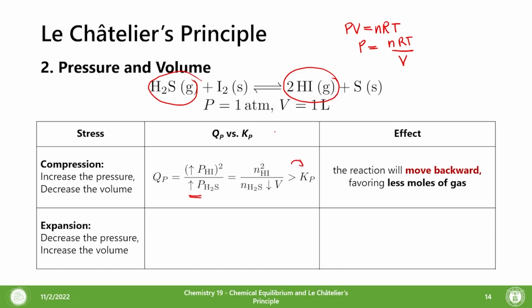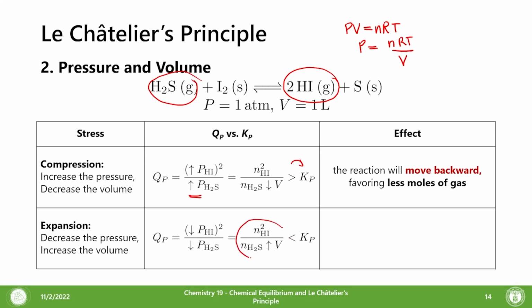Okay? How about for expansion? If we decrease the pressure and increase the volume, then, okay, what will happen is the Qp will get much smaller than Kp, and so it has to move forward.